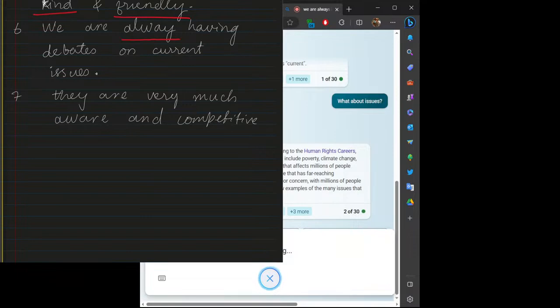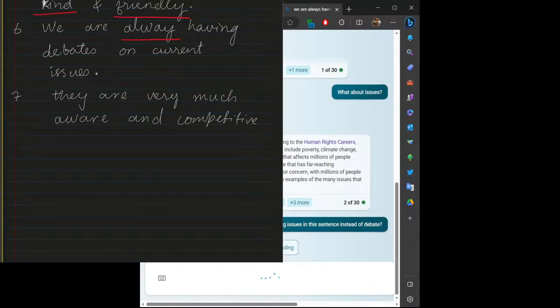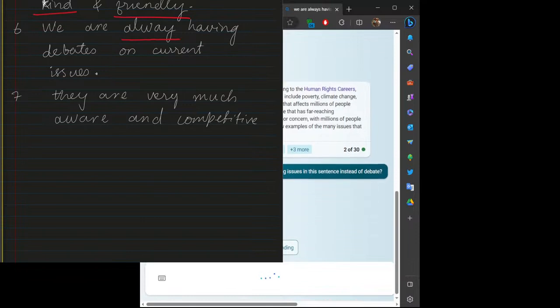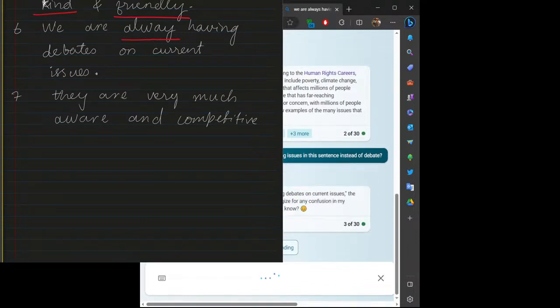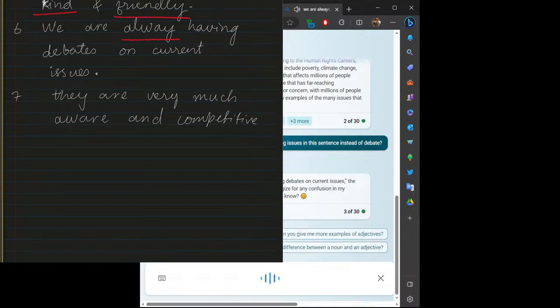Isn't current describing issues in this sentence instead of debate? Yes, you are correct. In the sentence, we are always having debates on current issues. The adjective current is describing the noun issues. I apologize for any confusion in my previous response. Is there anything else you would like to know?